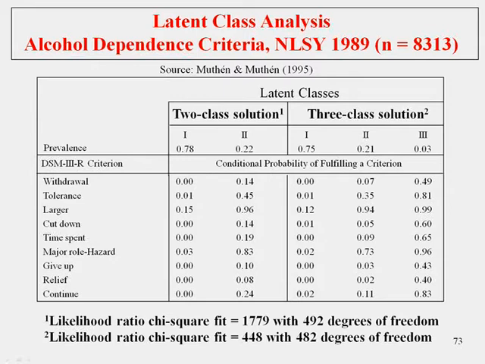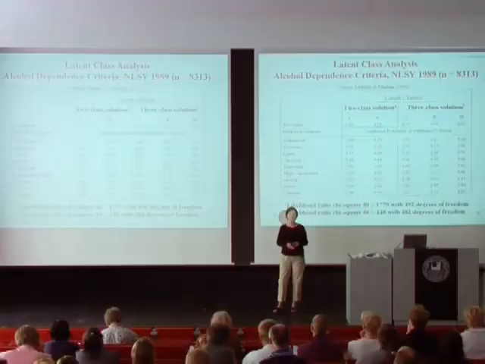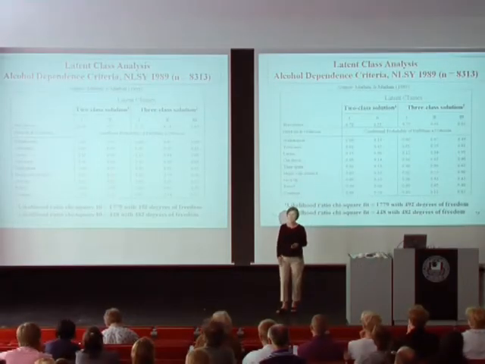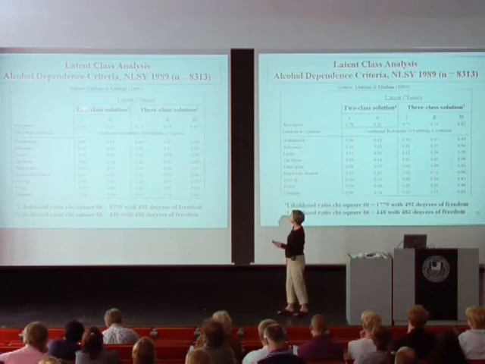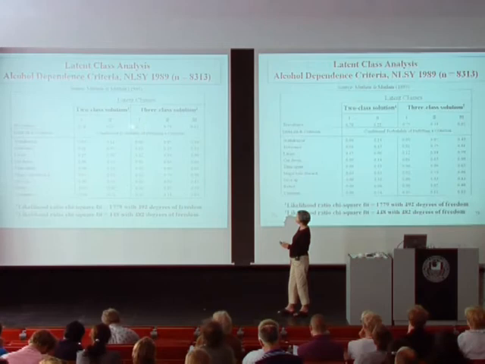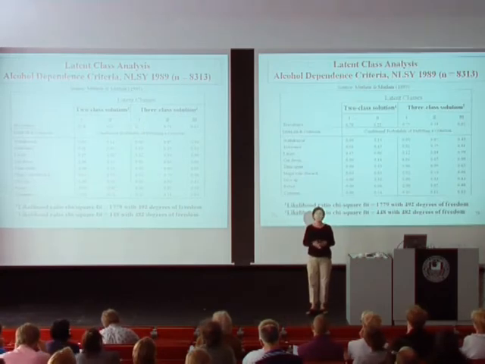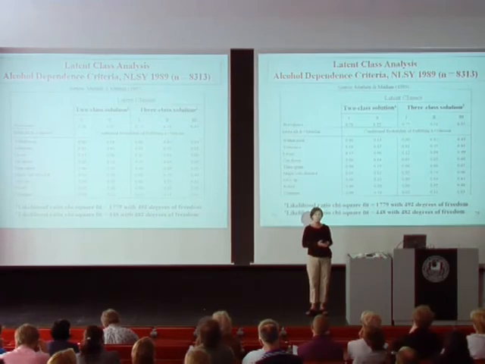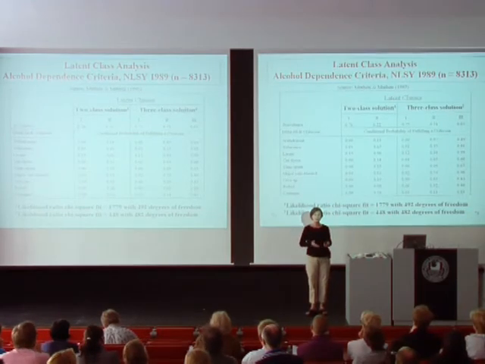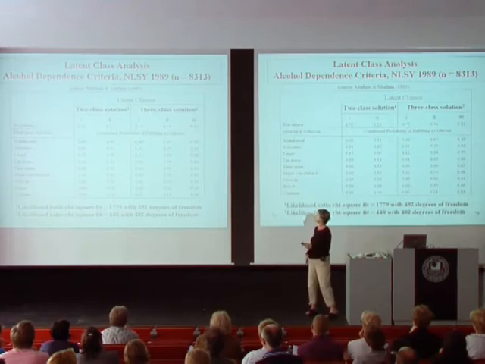So you might want to think about that class as being the normative class as far as alcohol behavior goes. And that makes sense because 75% of the people are in the class, and we know that we don't have 75% of the people in the population with severe alcohol problems, or we hope we don't.